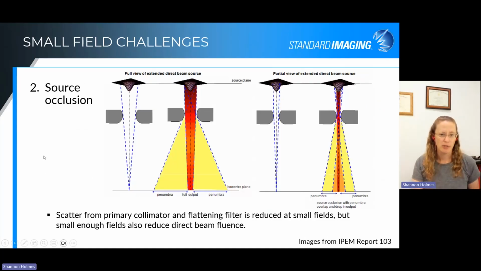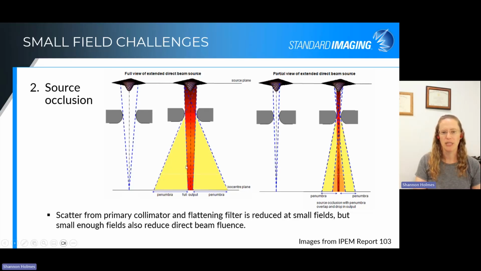Source occlusion, if you don't know what this is, is actually a blocking of the primary fluence from the source. So from the IPEM report, we're looking at if the jaws or the MLCs are set wide enough, then your measurement point has direct line of sight visibility to the entire source where the X-rays are being generated.